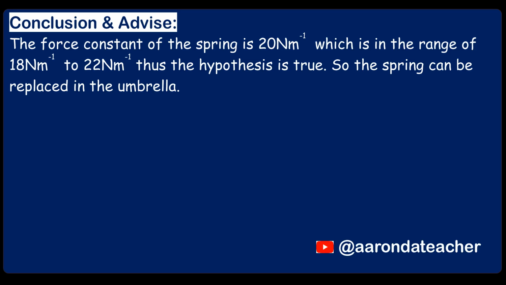We say that since our force constant of the spring is 20 Newton per meter, which is in the range of 18 to 22 Newtons per meter, therefore the hypothesis is true. That is good. Then what do you advise based on that hypothesis? We advise that the spring can be used in the umbrella, and that is the end of the practical.